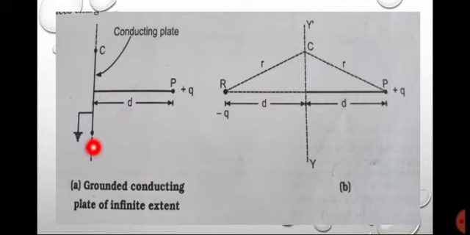Since the plate is grounded, the potential phi at any point is 0. Since the plate is grounded, the charge plus q near the conducting plate induces charge on it.